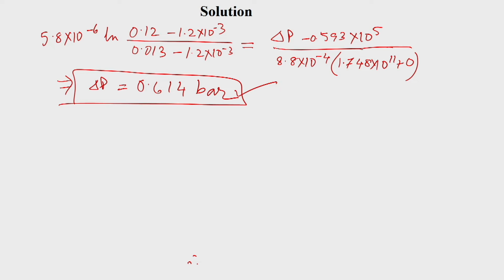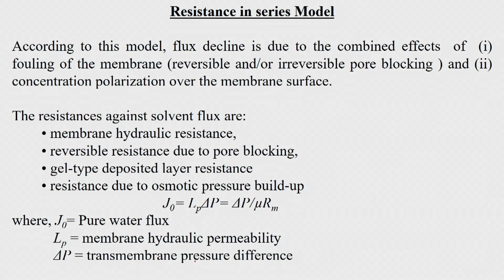Okay. Now we will discuss the resistance in series model, the third model. For any membrane separation operation, as the process progresses, some solutes will stick inside the membrane pores and some layers will form on the membrane surface.